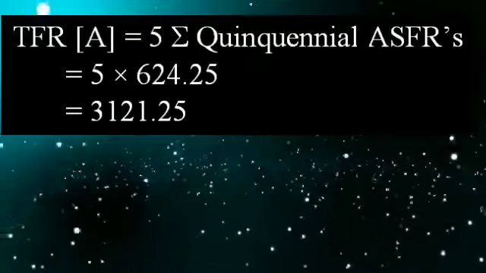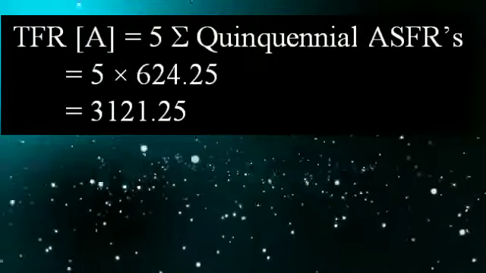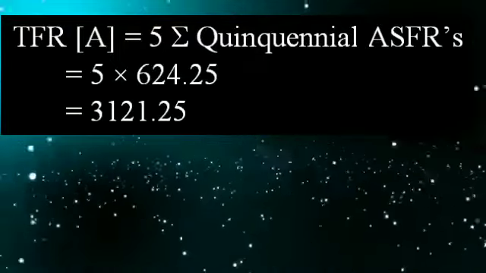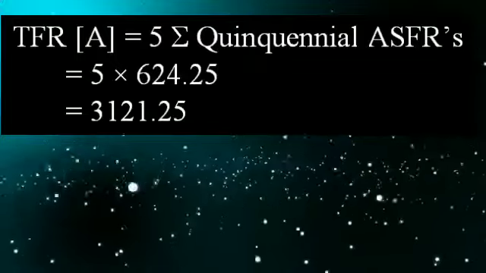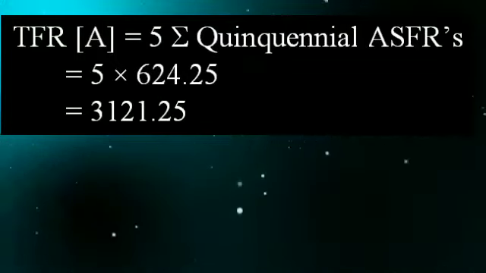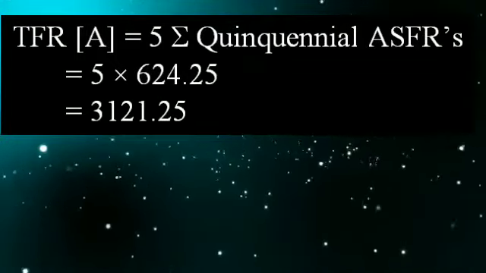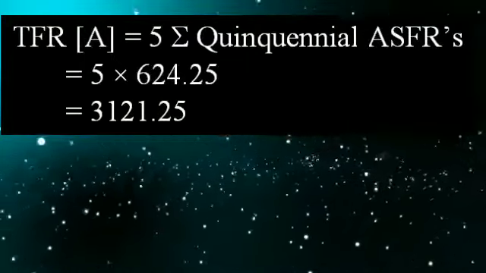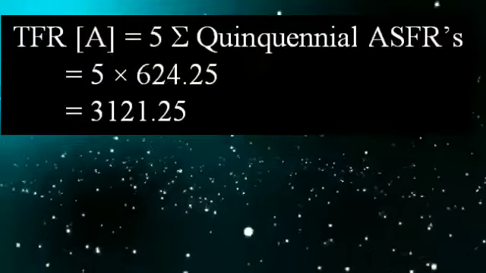That is, next step, 5 into, consider the sum total of ASFR value for the first community. That is, 5 into 624.25, which is equal to 3121.25.